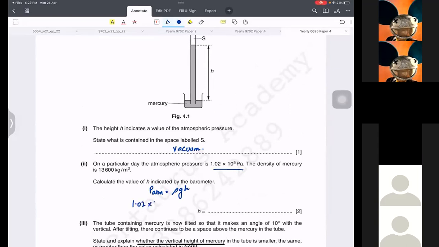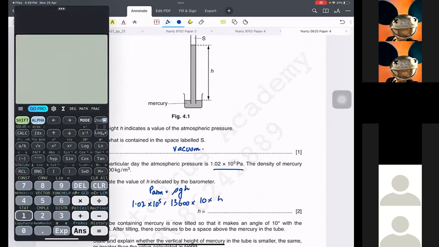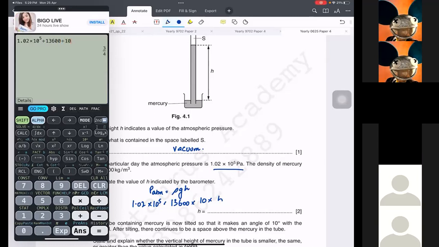So we're going to write 1.02 times 10 raised to power 5 divided by this, divided by 10. So that is 0.75 meters, by the way.